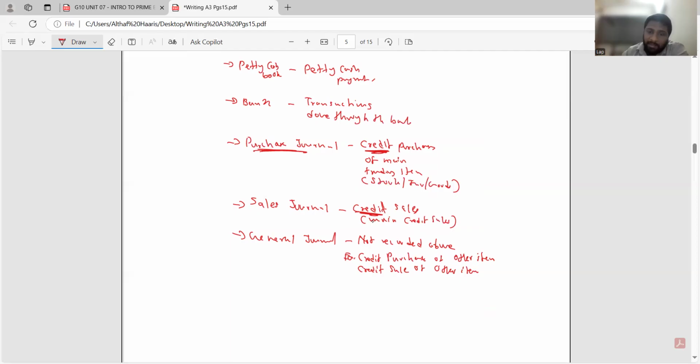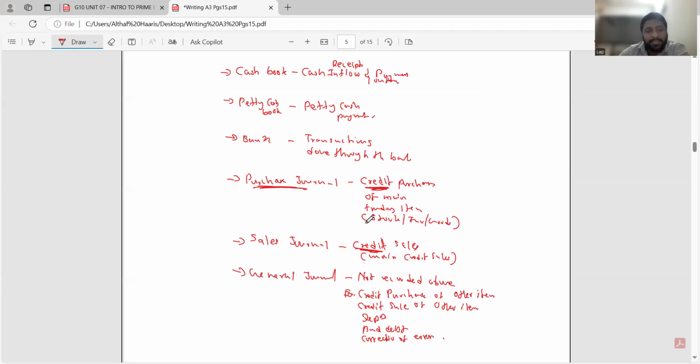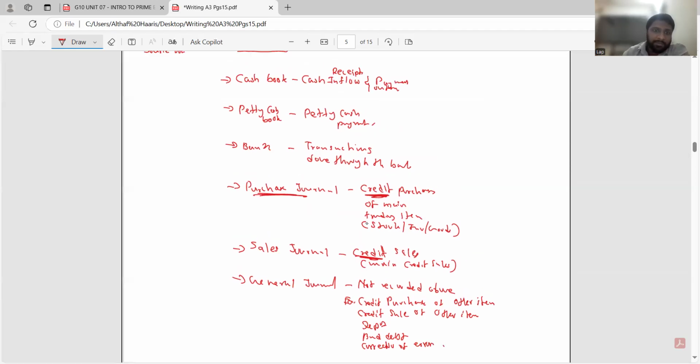And depreciation, bad debt, these kinds of adjusting entries we also recorded in the general journal, and correction of errors. So these are the 6 prime entry books, 1, 2, 3, 4, 5, 6 that you have in your O-level syllabus.